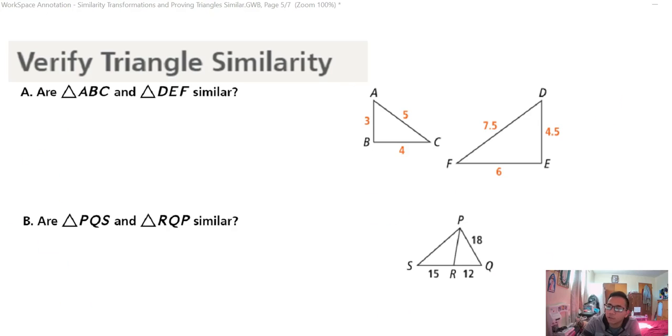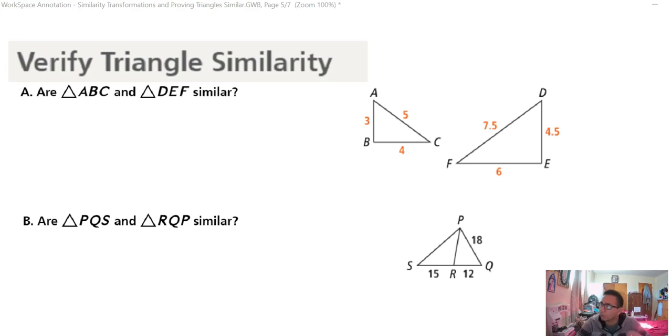We have our first example here, which is triangle ABC and DEF. Are they similar? And then letter B is triangle PQS and triangle RQP. Are they similar? So the only thing that we have to do here is determine whether the ratios of the corresponding side lengths are equal.